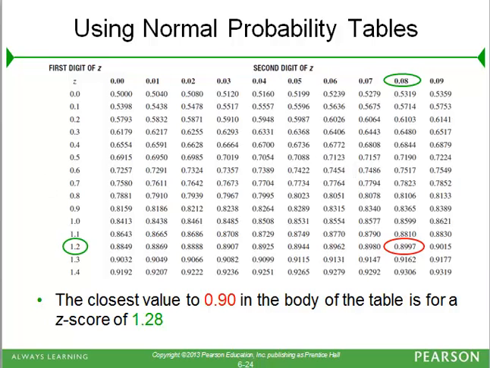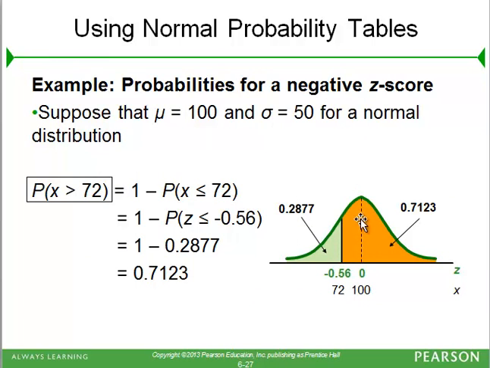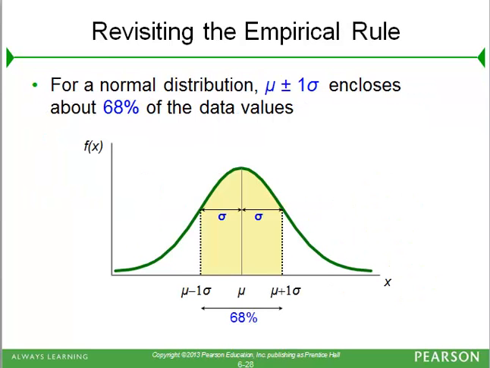So this whole area shows the 0.7123. Okay, this whole area is 0.7123.